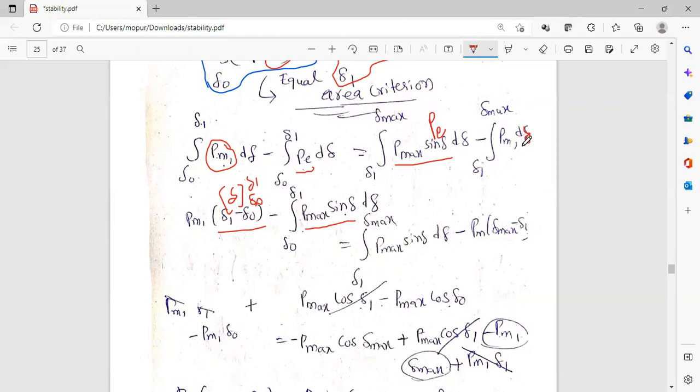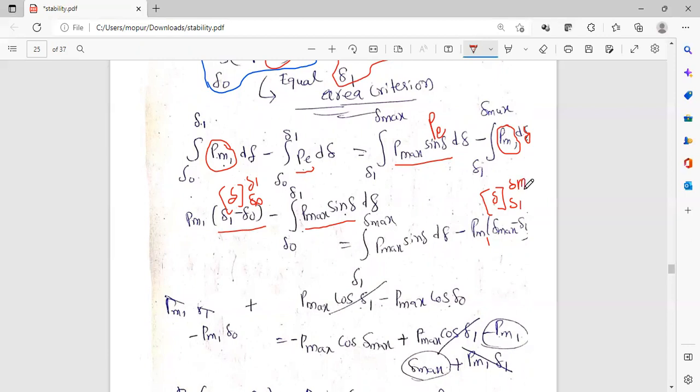PM1 d del. This PM1 is again constant. So the same thing, this can be written as, here actually it is PM1 into del. We will get the integral of d del is del with the limits del 1 to del max.